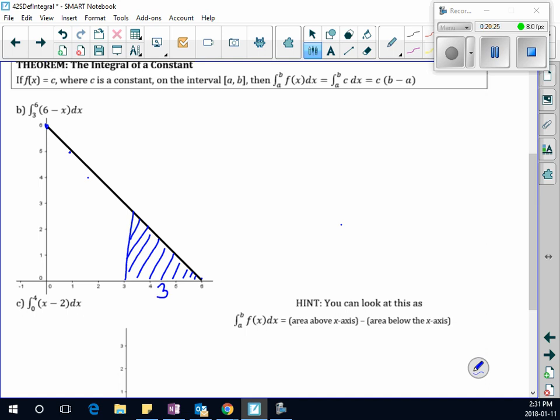The height is 3. If you don't know, plug it in, and 6 minus 3 is 3, right? So it is a height of 3. It's just the way I have it drawn. So that would be 3 times 3 divided by 2, because it's base times height divided by 2. So this would be 9 over 2.